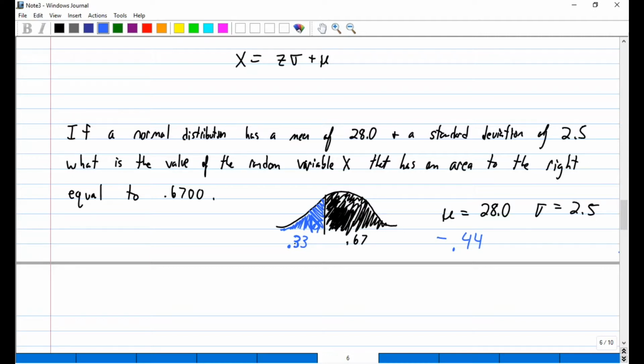If you don't see that in your table, raise your hand and let me come by and show it to you, because this is very important. So if you look on the negative side, as close to 0.33 as possible, 0.3300 is negative 0.44. That's why it's important you have these tables. You can pull them up online, but it's a lot easier when it's printed out.